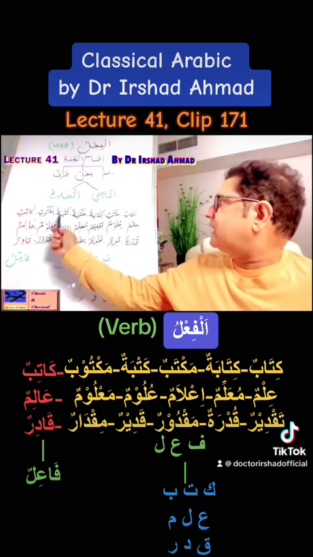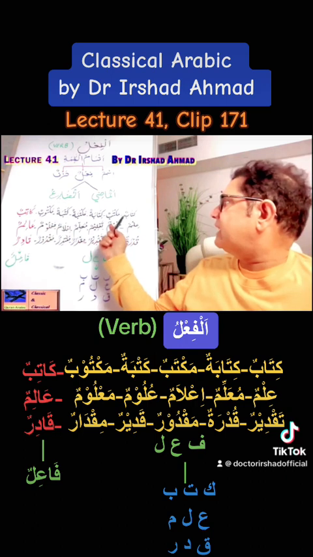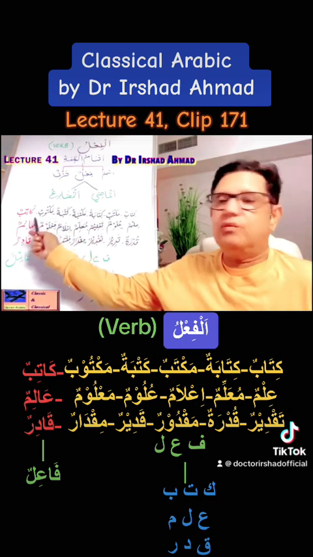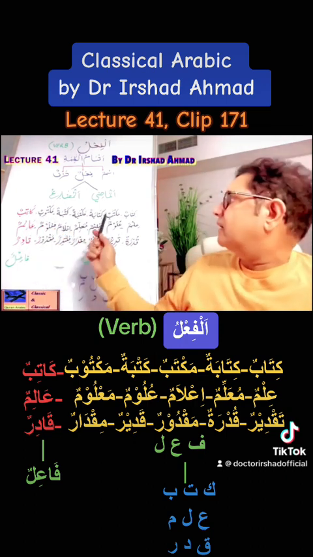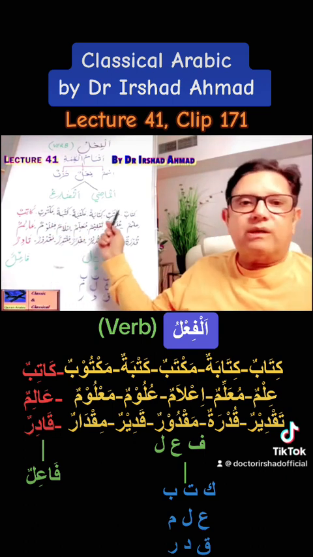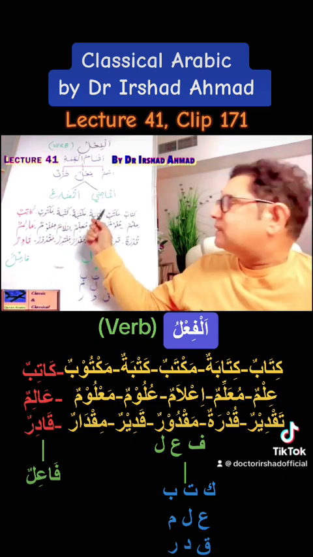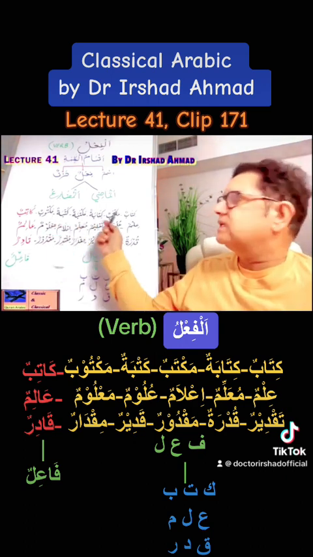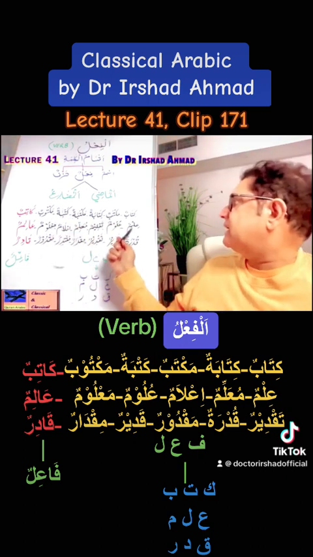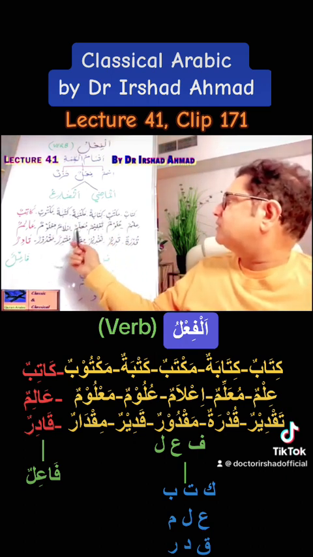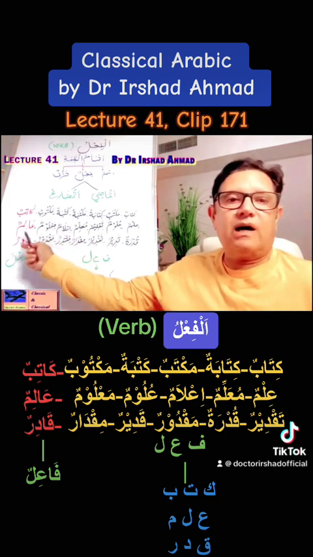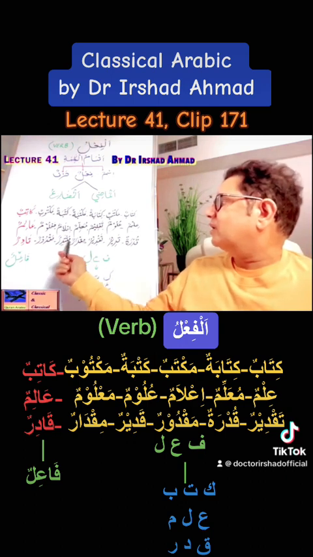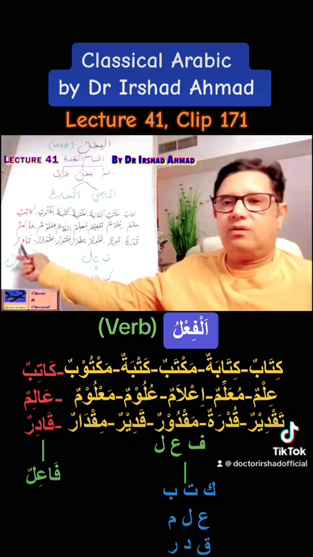But if you look carefully, start reading from here: kitabun, maktabun, kitabatun, maktabatun, katbatun, maktubun, khatibun. You will see soon that three letters are contained in all these words. Similarly here: ilmun, ulumun, talimun, muallimun, i'lamun, ma'lumun, alimun. And then kudratun, kadirun, takdirun, miktarun, muqtadirun, maqdurun, qadirun.